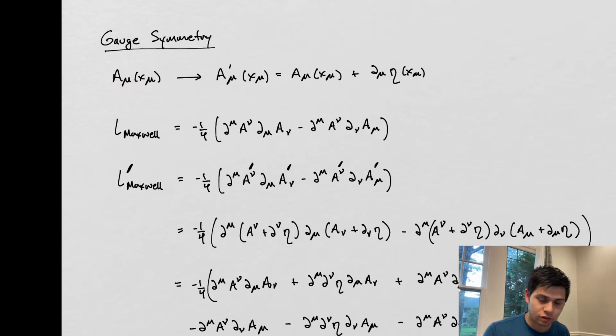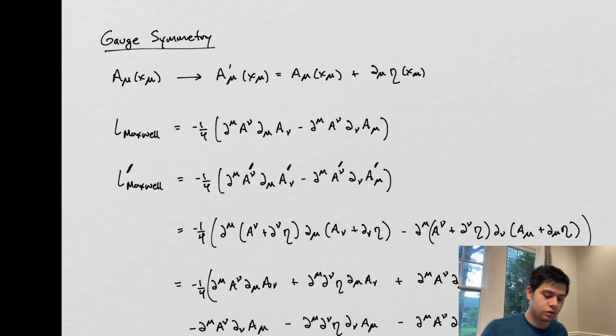This right here is a vector. And what we want to do is take this 4 vector and transform it. So this is the transformed 4 vector, and it equals the original 4 vector plus some added term, the derivative of some function on the spacetime.